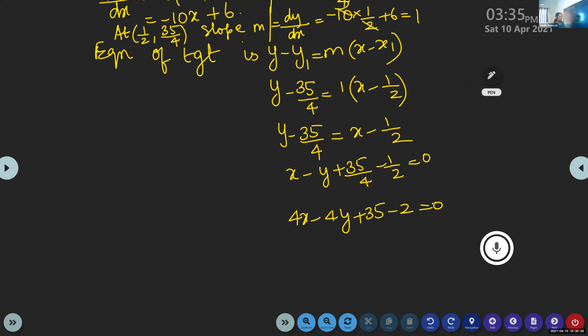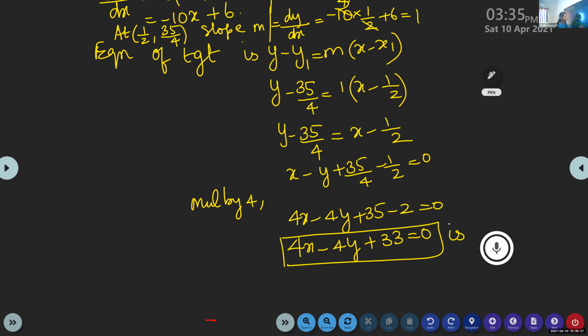So we get 4x minus 4y plus 33 is equal to 0, which is the required equation of the tangent.